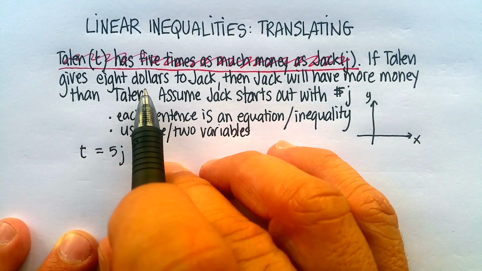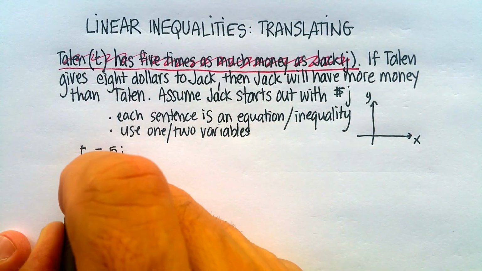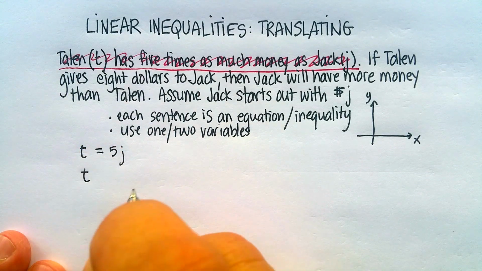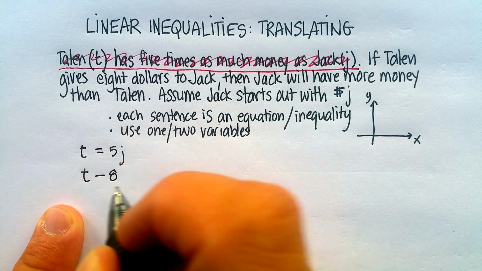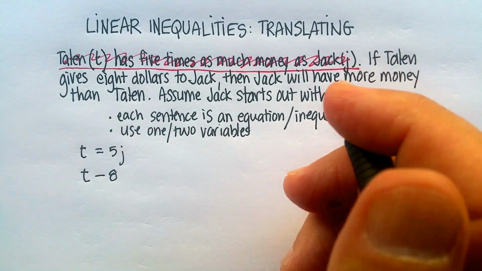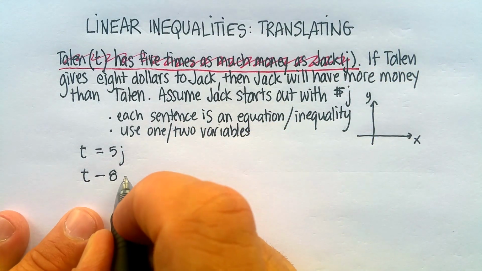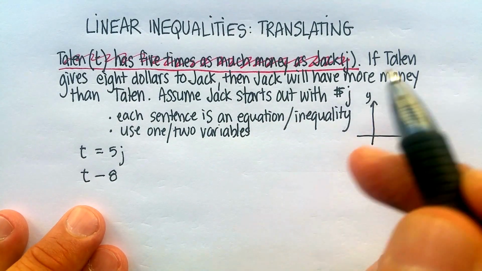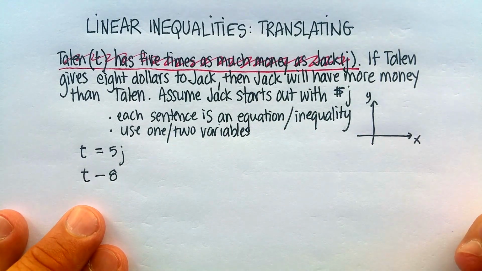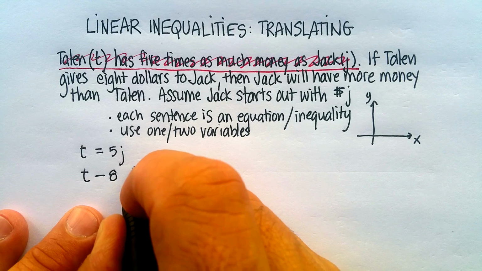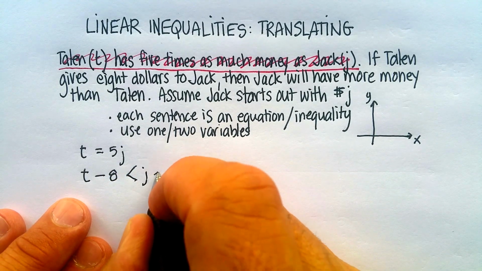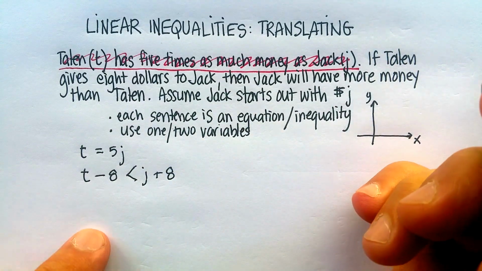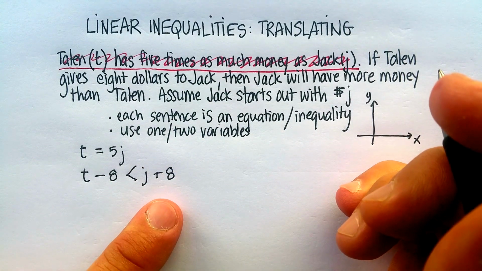Let's look at the second line. If Tayden gives $5 to Jack, so again, translate. If Tayden gives 5, that means he's subtracting 8 from his stash, right, to Jack, then Jack will have more than Tayden. So that means that he will have less than Jack, who has an extra 8 now.